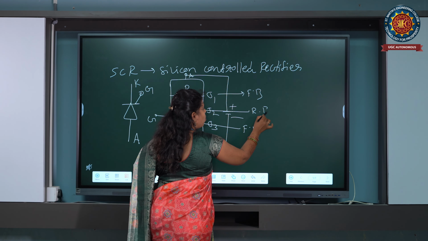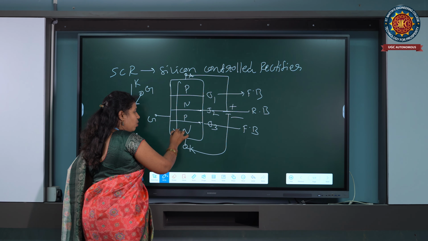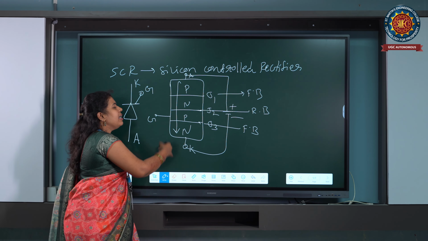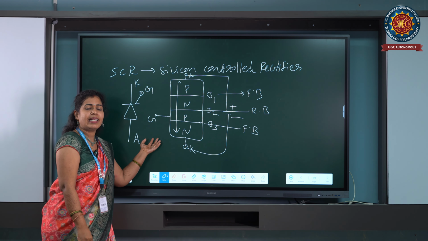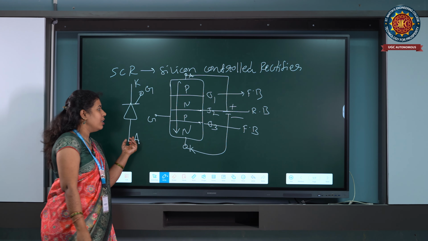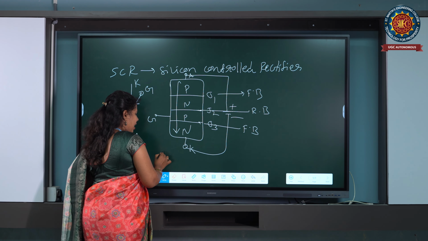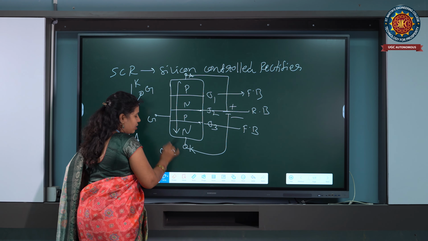Then there is no current flow from anode to cathode, but some negligible leakage currents flow. We cannot take that as output current. So at that time the thyristor is in the off state.